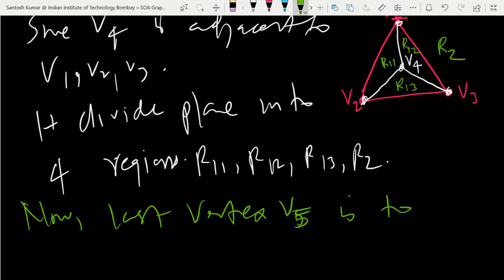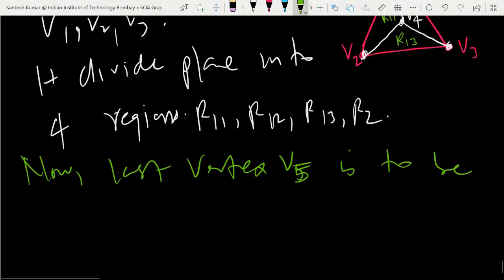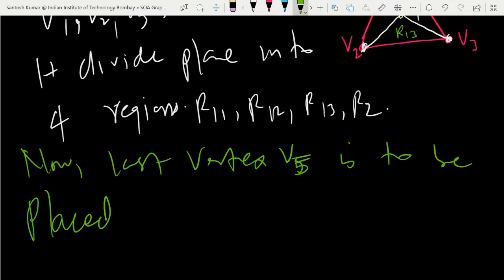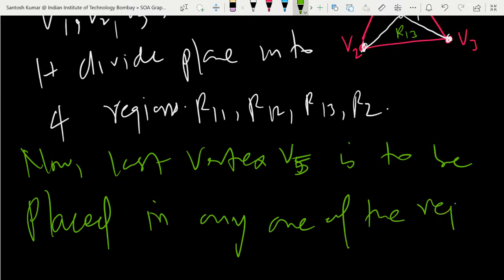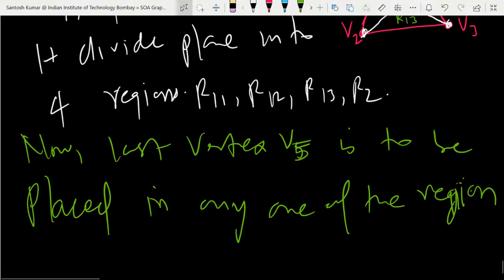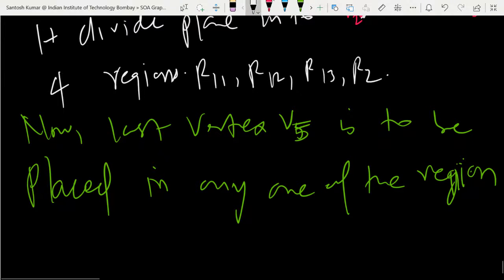So V5 is to be placed in any one of the four regions.